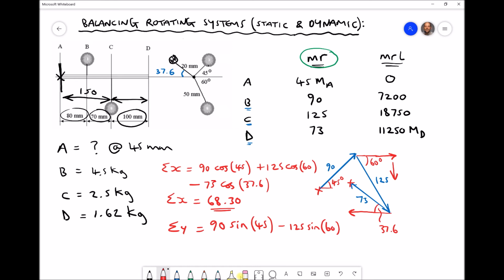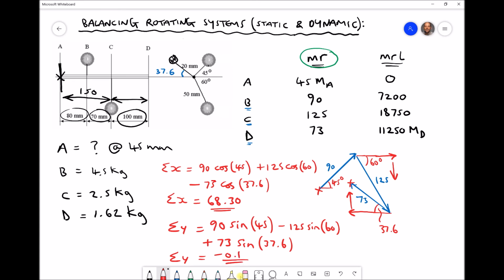And finally, vector D has a positive y component because it's acting upwards, like so. So we're adding 73 sine 37.6, giving us a sum of our y components then equal to minus 0.1.